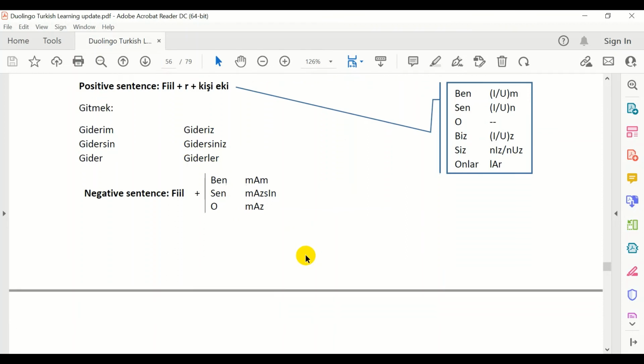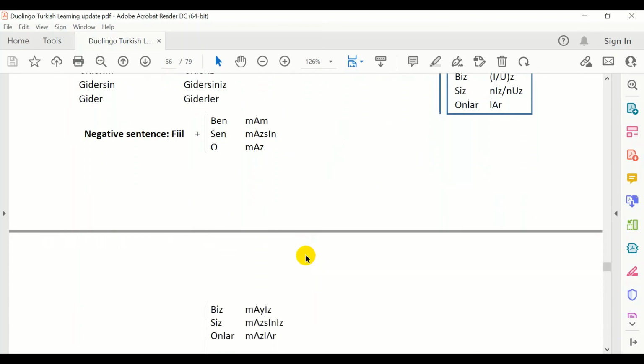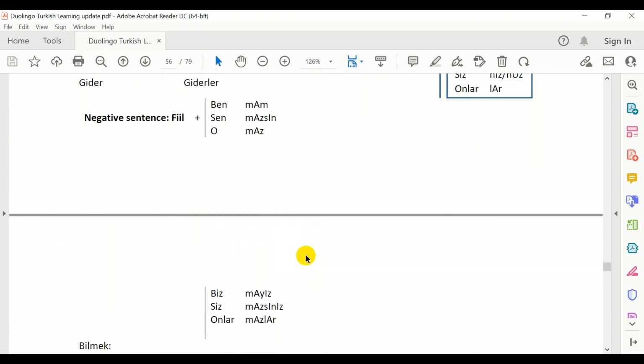A negative sentence. Well, a negative sentence with Geniş Zaman is a little different. However, as soon as you see the structure, you know this. Well, first there is a verb, and after the verb, these suffixes are a bit changed, so you should somehow learn them in order to remember for future use.